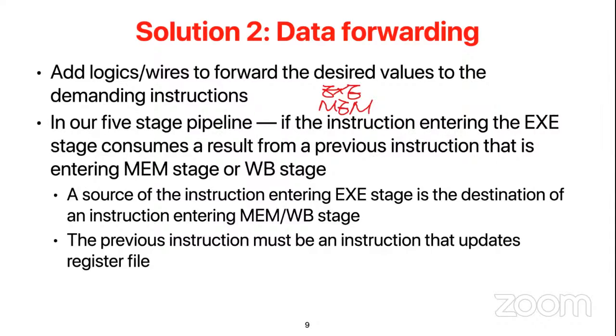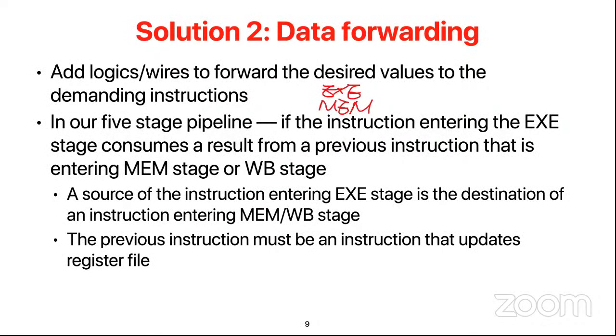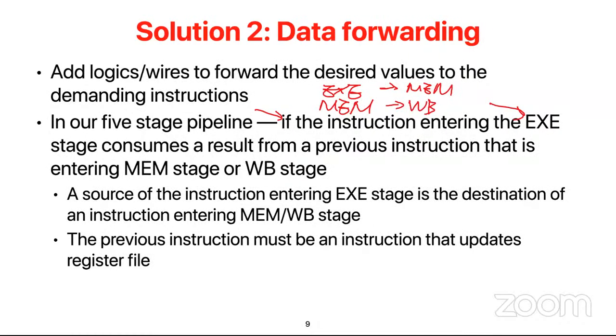And now the thing is that the instruction needs this value when it needs to enter the execution stage. At that time, the instruction that was originally in its execution stage is entering its memory stage, and the instruction that generates a value in its memory stage is already in the write back stage.